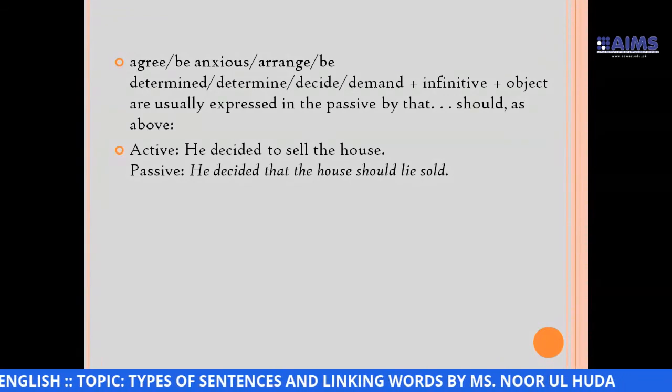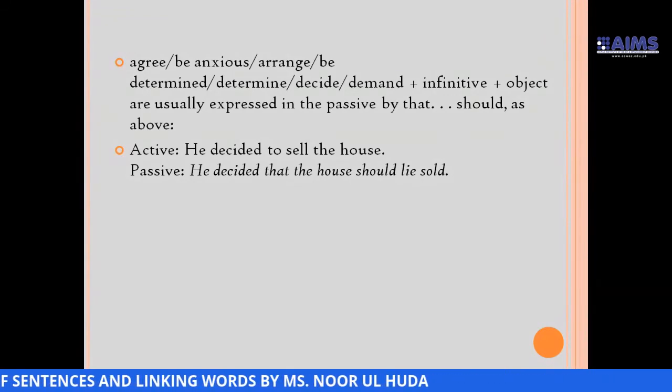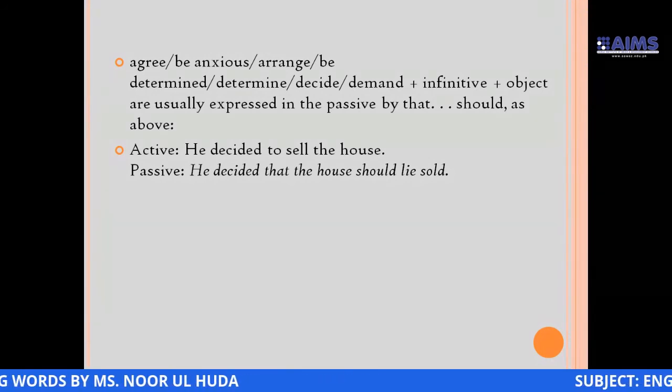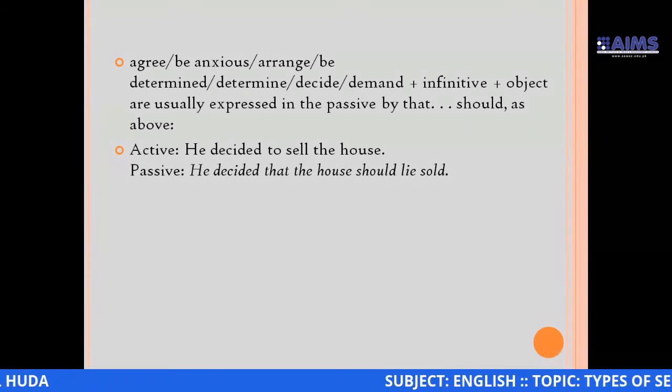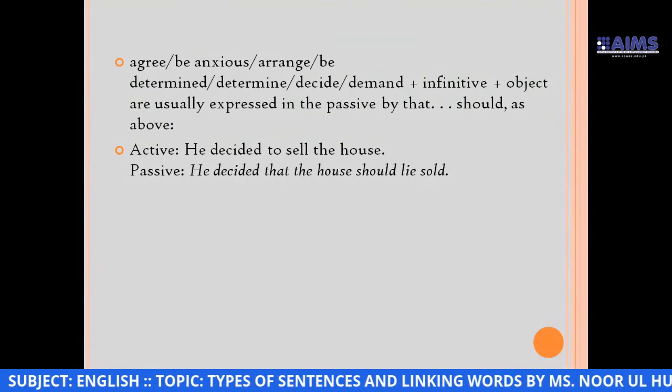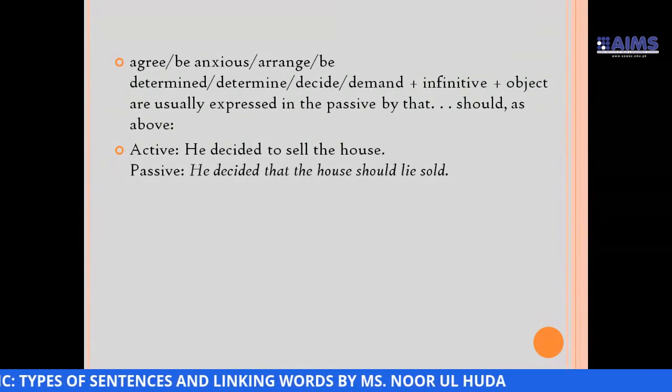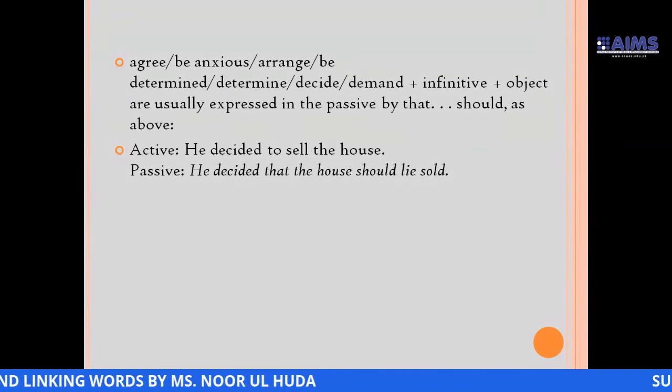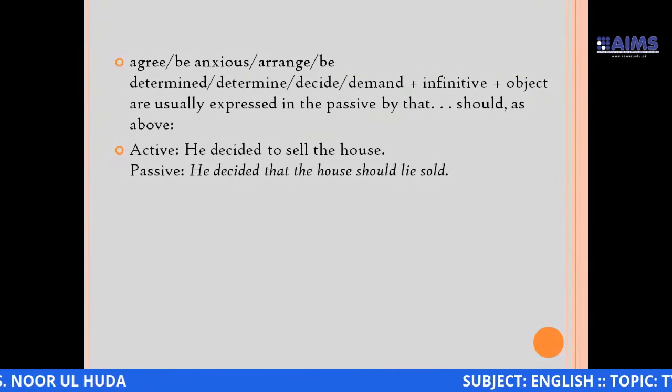Let's suppose: he decided to sell the house. He decided that the house should be sold. Now this is the example we can use. It would be like he decided that the house should be sold.